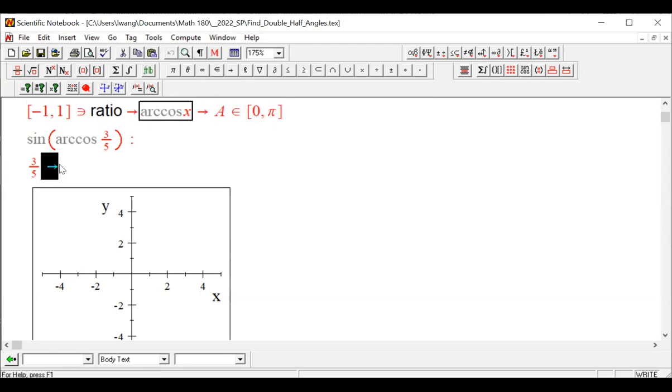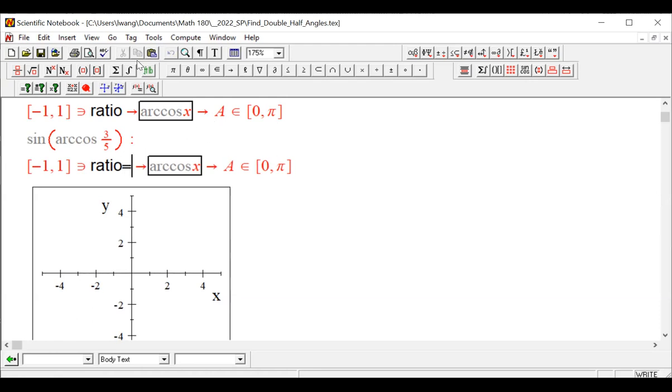That ratio, 3/5, is in the domain of arc cosine. It produces an angle, and this angle is going to be between 0 and pi. And this angle is going to be the input for sine.